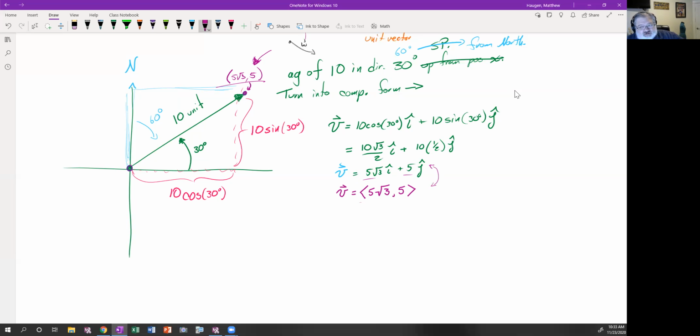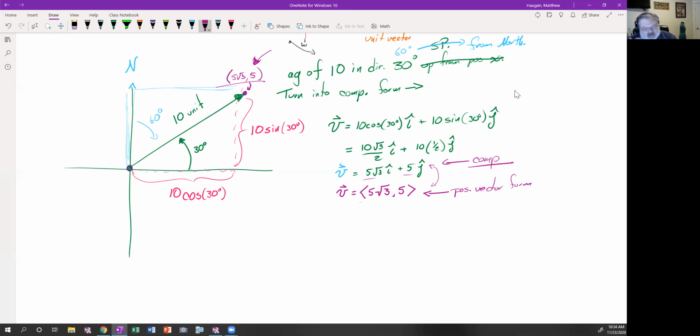To be formal, and people are getting a lot less formal, and your text is less formal than I would like for this, this first form, the IJ form, is what we would call component form in a formal application. This form is position vector form, or written as a position vector.